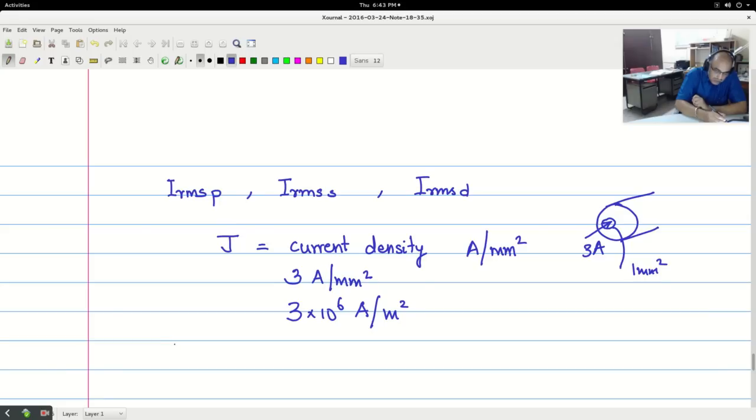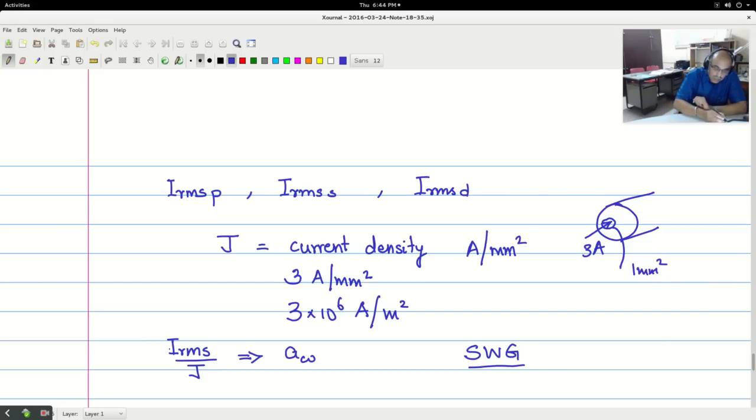The I RMS value divided by J will give you the area of cross section of the wire. So you will go and look into the data sheet and check for the wire gauge size. It is called standard wire gauge size in the wire data sheet or wire table, or you can also go on to the internet and use the standard wire gauge table.